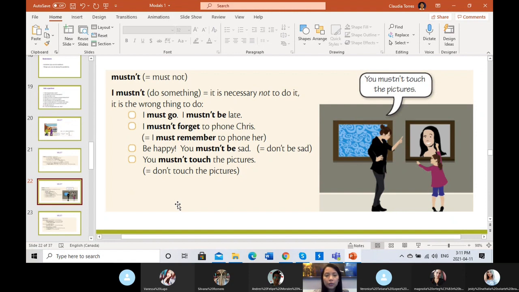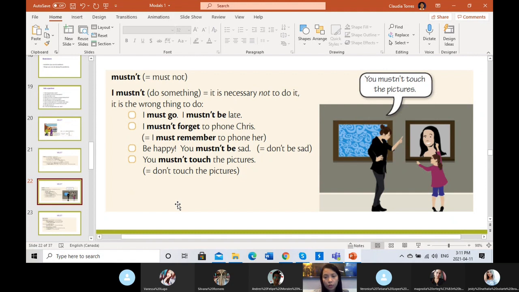And in the next one, be happy. You mustn't be sad. It's like don't be sad. But you know, it's very difficult to say to someone don't be sad or you mustn't be sad, right? And then finally, you mustn't touch the pictures.